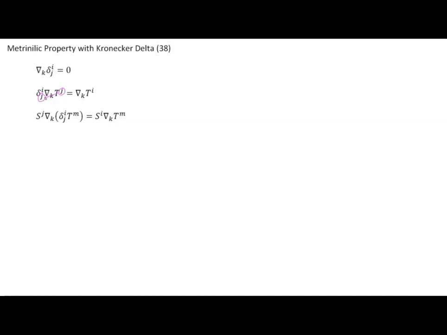So this index j is absorbed to produce index i, just like this. It works just as if the covariant derivative operation weren't even here. That works in both directions. If the Kronecker delta is inside the covariant derivative operation, it can serve to absorb an index outside like this and turn this into S^i.